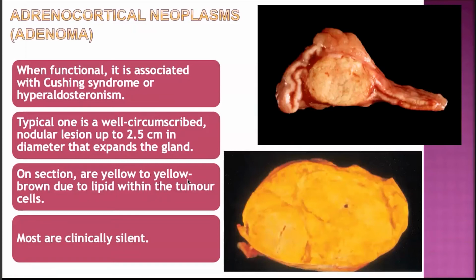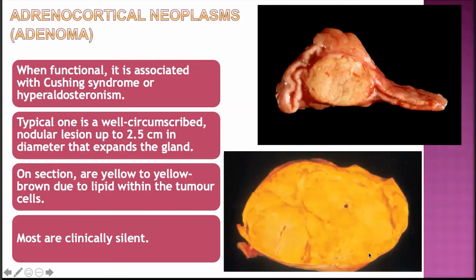When it is functional, it is associated with Cushing syndrome or hyperaldosteronism. Functional means that it is producing hormone, usually cortisol and aldosterone. Sex hormone is very rare. The typical one is a very well circumscribed nodular lesion. You can give the size, the diameter. The tumor is expanding the gland, increasing its size.